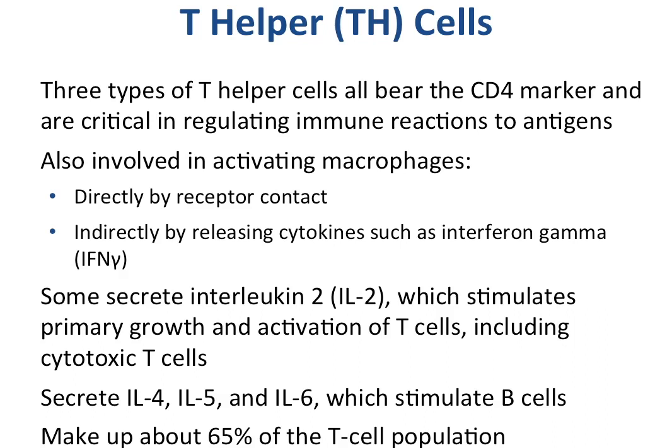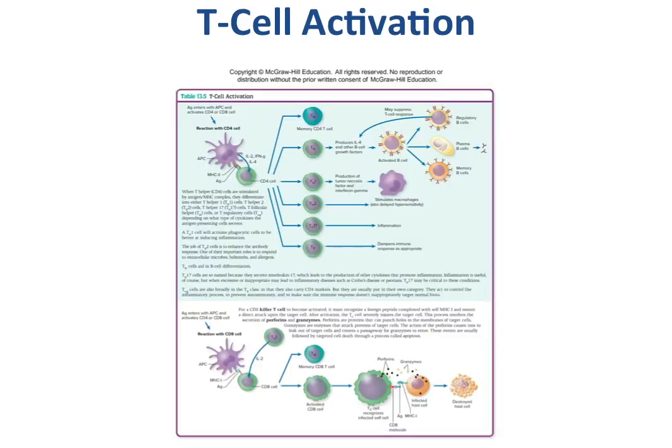T cells can secrete interleukin 2. Interleukin 2 can stimulate and activate the other T cells. Also, it can secrete interleukin 4, 5, 6. So those can stimulate the B cells. T helper cells are the most abundant, about 65%.